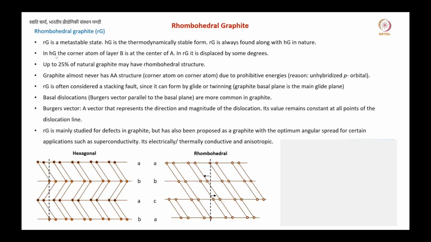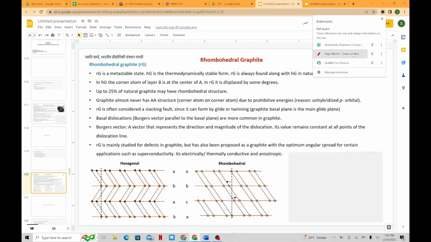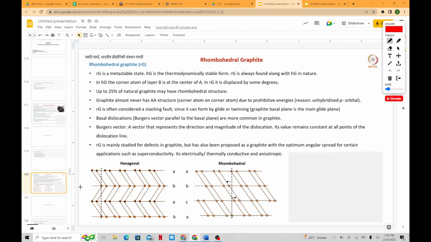In HG, which means hexagonal graphite, you can see A, B kind of layers will be there. The B layer is attached at the center of A. So this is the B atom, this is a B layer.